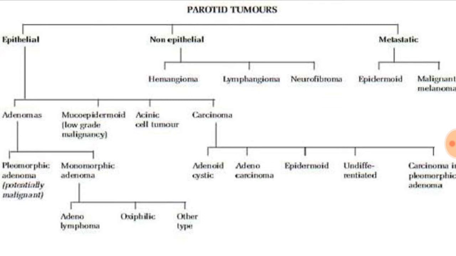Okay, now can you tell me how a salivary gland tumor is classified? Yes, sure, sir. According to the International Classification of Salivary Gland Tumor, it can be divided into epithelial tumor and non-epithelial tumor. Among epithelial tumor, it can be further divided into adenoma, mucoepidermoid tumor, acinic cell tumor, and some other carcinomas.